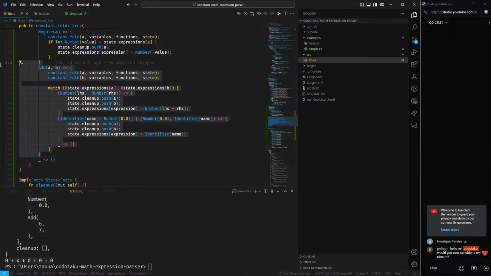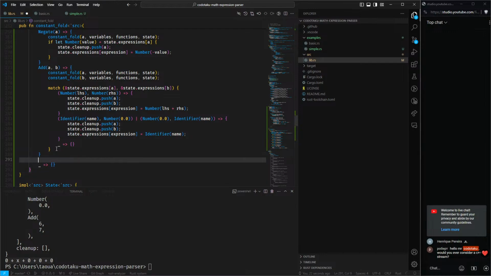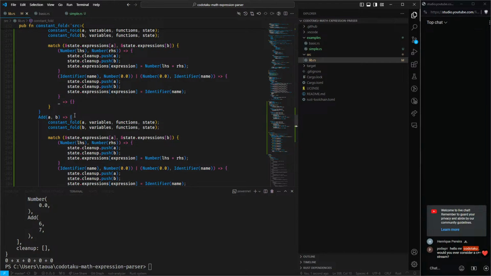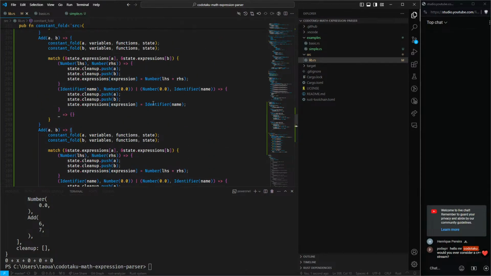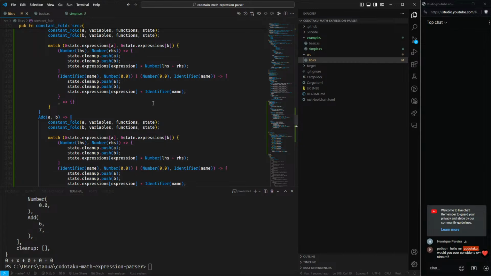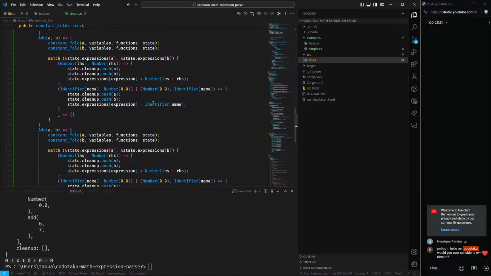So let's do something similar to add right here. Of course, constant fold in A, constant fold in B. And honestly, can't we just do both in the same place? But maybe it's gonna become some spaghetti there. Good question.